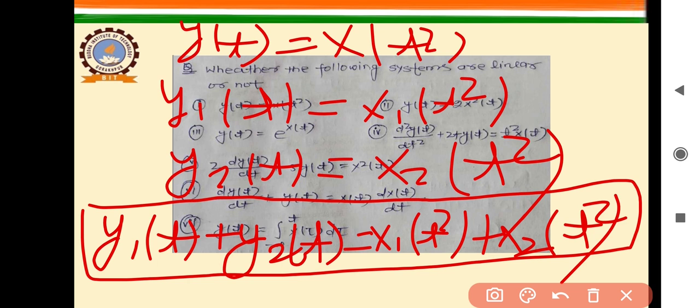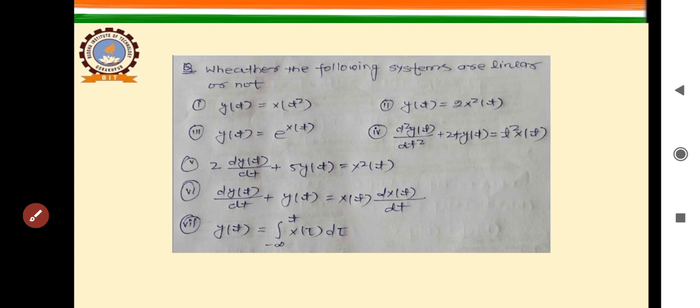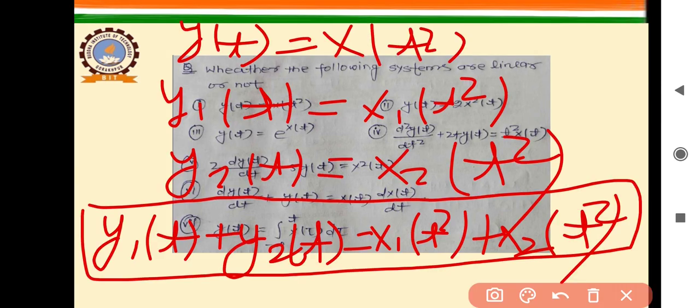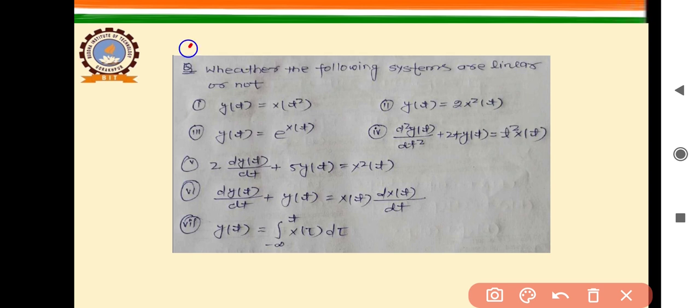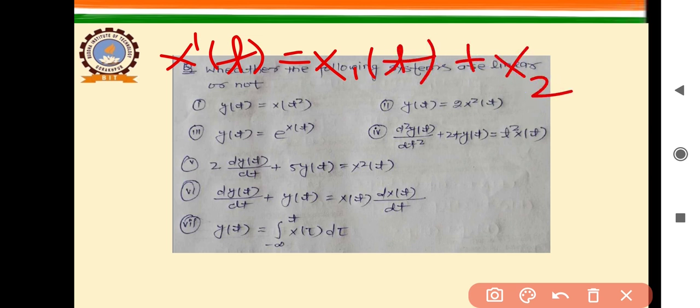This is step 1. Then in the next step, replace the input by x1(t) plus x2(t). Suppose there is an input x dash (t) equal to x1(t) plus x2(t). Then replace x(t) by x dash (t) in the equation. Suppose the output is y3(t).